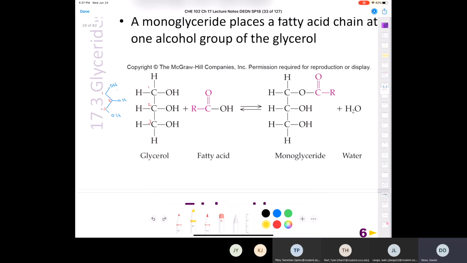Now you might be wondering, where's the acid? Where's the H plus? Has that been left out? Did you make a mistake? No, the acid and heat are not required because we're talking about biological processes here. The formation of a triglyceride or a monoglyceride in this case occurs in a living system.